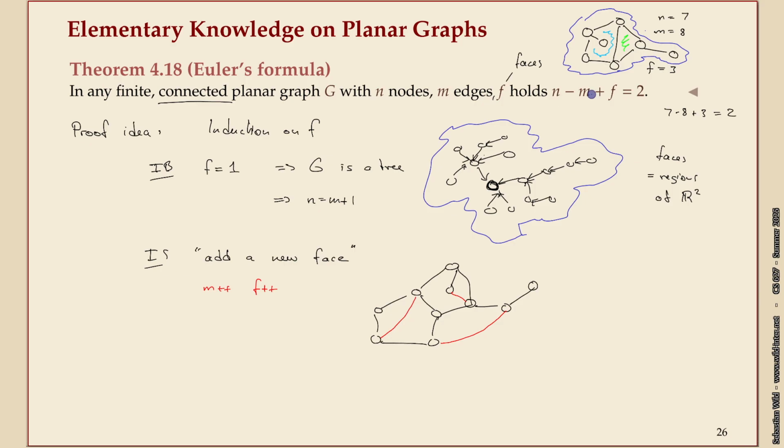And I don't get another face. Then again, the equation is satisfied. I'll stop at this point. The idea is that this formula can be proven by going through all possible cases how you can modify a graph. And you can use induction on, say, the number of faces to see what happens in each case.